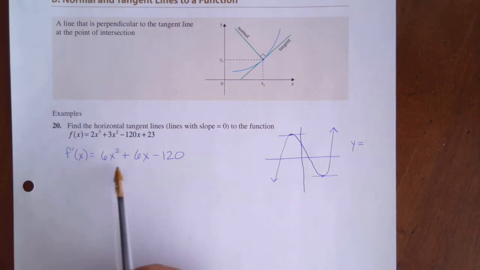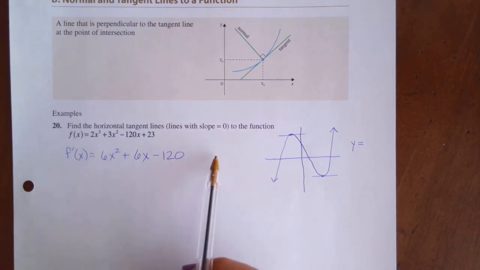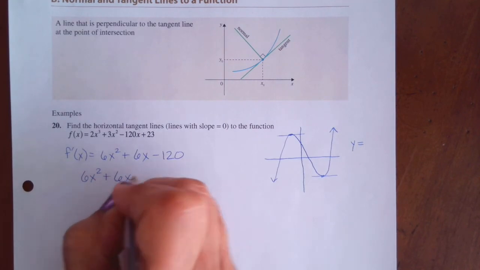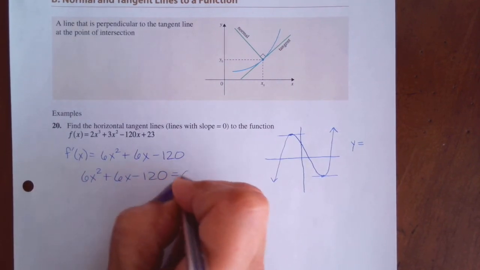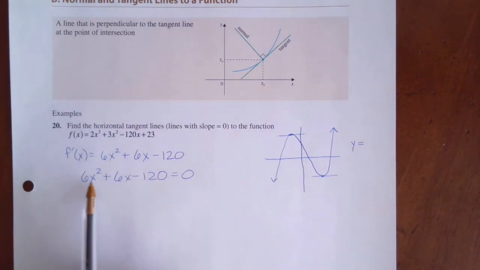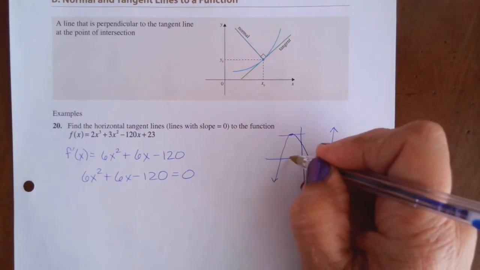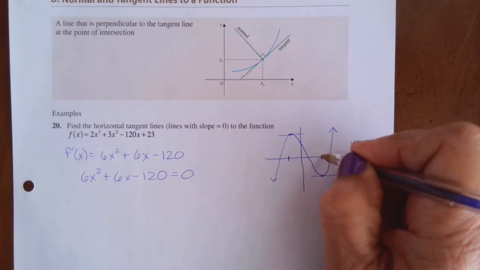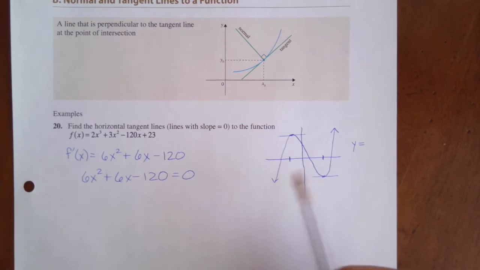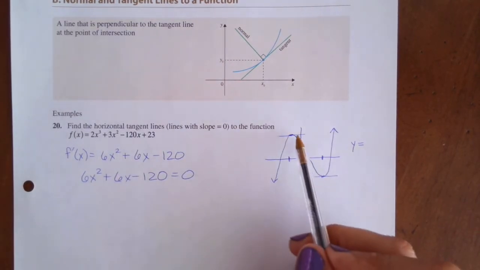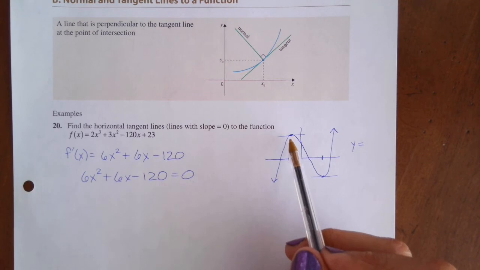If I set the derivative equal to 0, I'm going to find the x values where the slope is equal to 0. And once I have those x values, I can plug those numbers into my formula and find the y values. That's what I need.